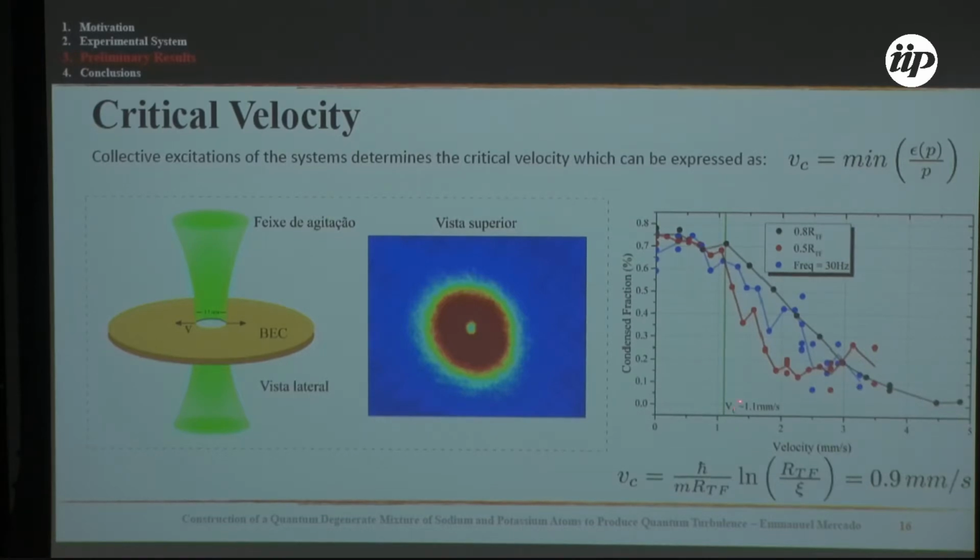But when we cross the critical value in the velocity, we start to create excitation, and we start to lose the condensed fraction. And these curves are for different wave amplitude and frequency of this moving in the BEC.